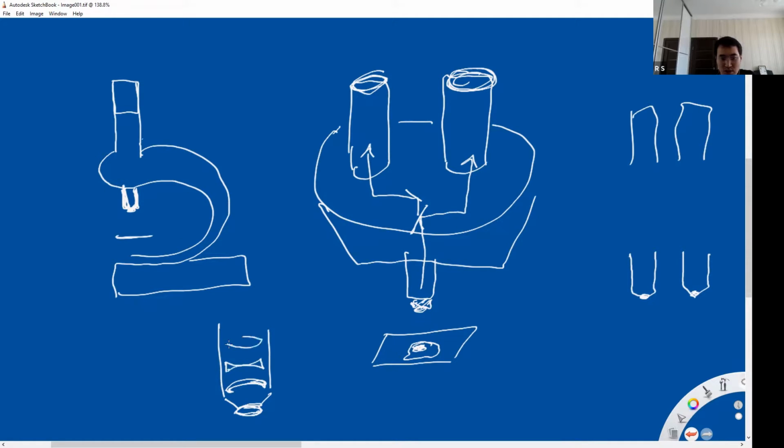You just need to know that there are more than one piece of lens. And if you go to the eyepiece, usually it's made up of two lenses. So this is called compound. It means you have a very sophisticated structure of the microscope.